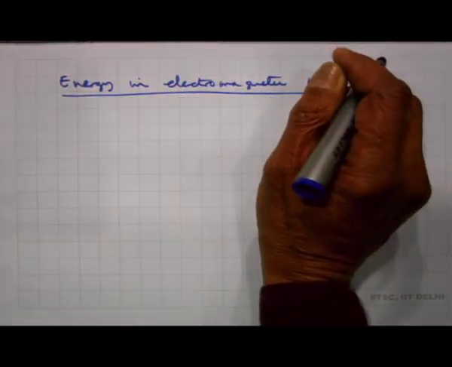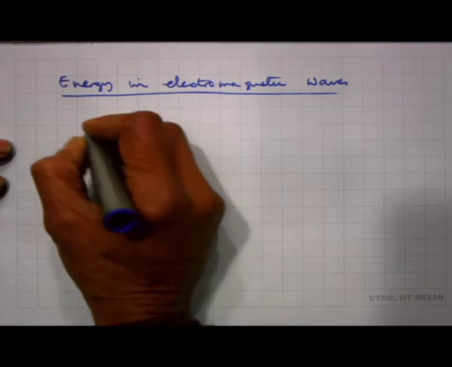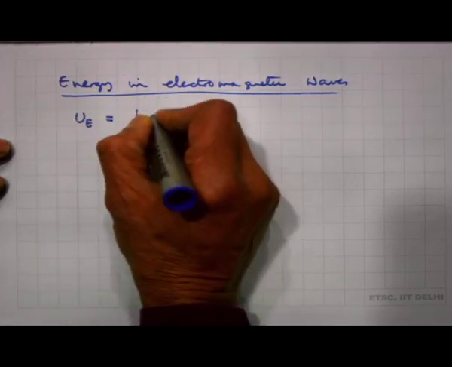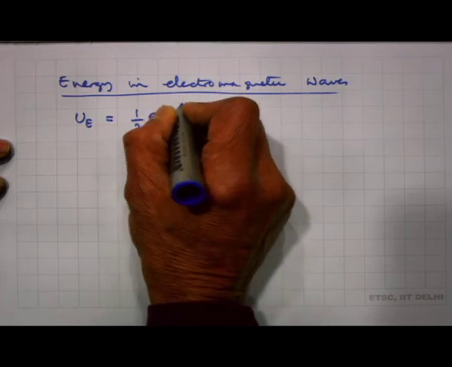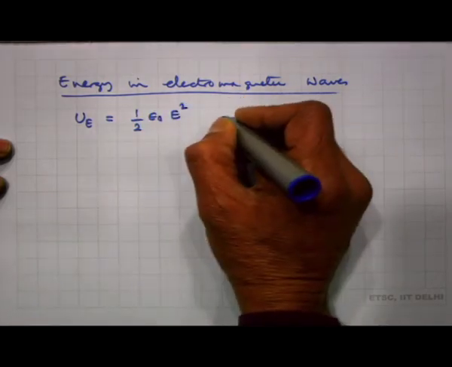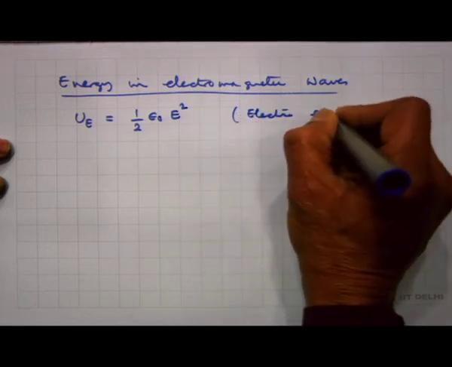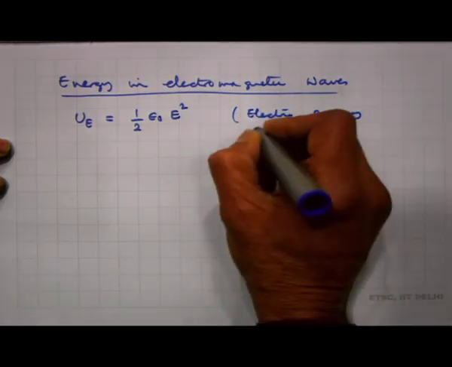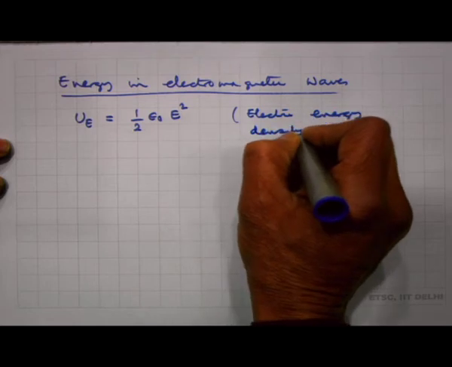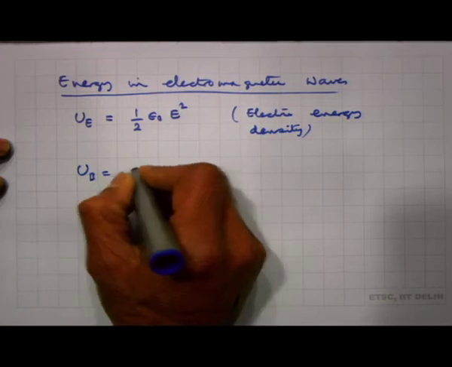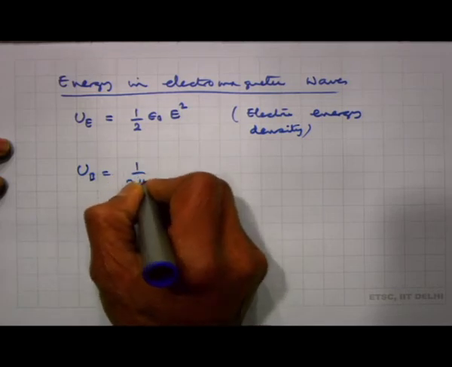I had shown before that the electrostatic energy density, that is electric energy density, energy per unit volume, is half epsilon 0 E square. Similarly, the magnetic energy density is 1 by 2 mu 0 B square.